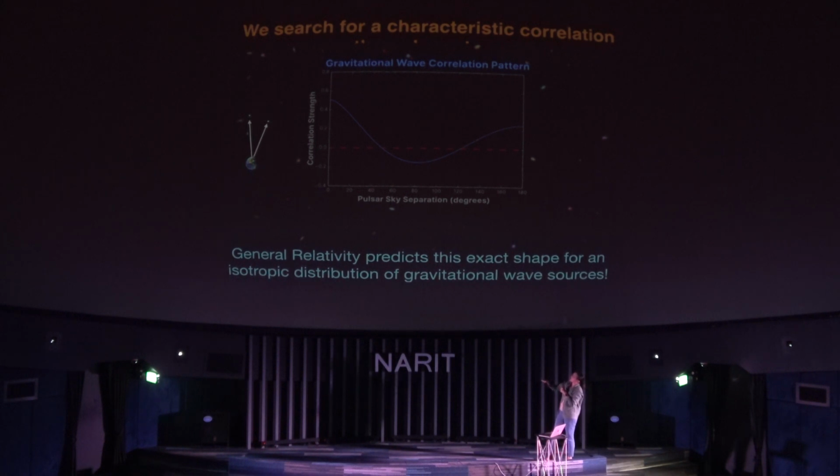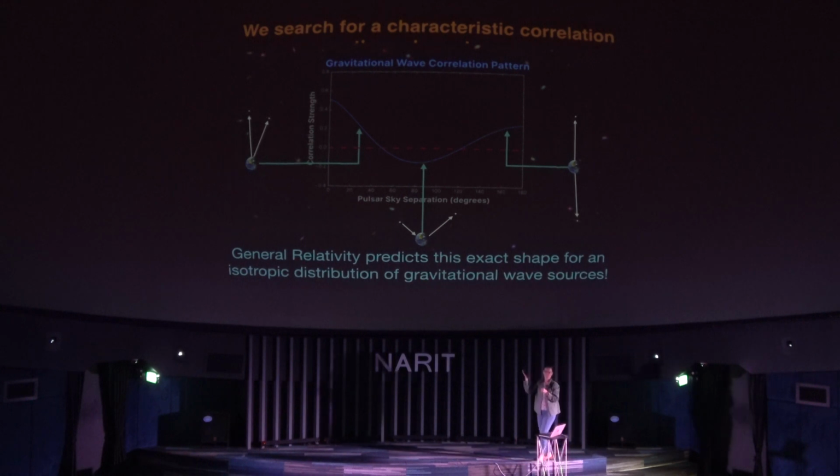So here are two pulsars in the same direction from the Earth. When a gravitational wave passes, if one arrives early, the other will arrive early. These are two pulsars separated by 90 degrees. If one arrives early, the other will arrive late. And at 180 degrees, we expect a correlation again. Do people know what correlation means?